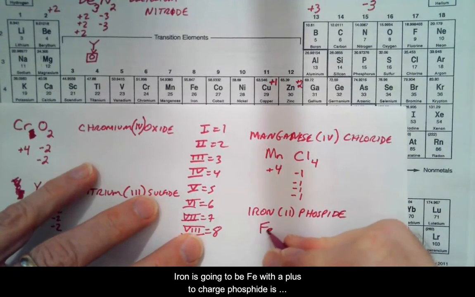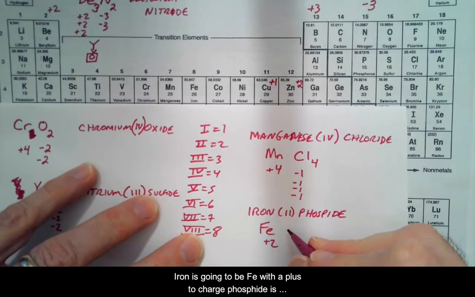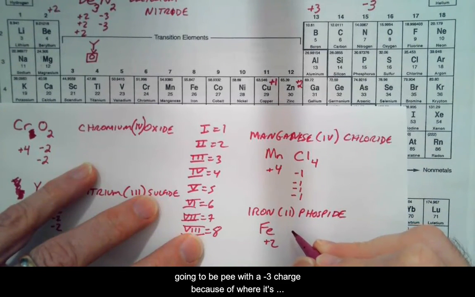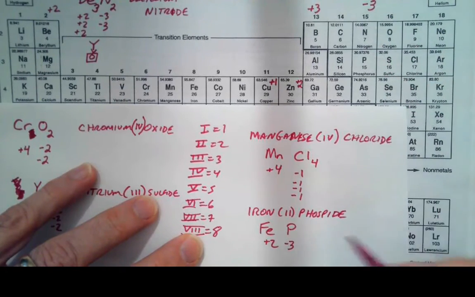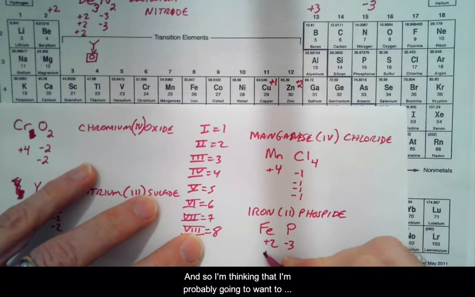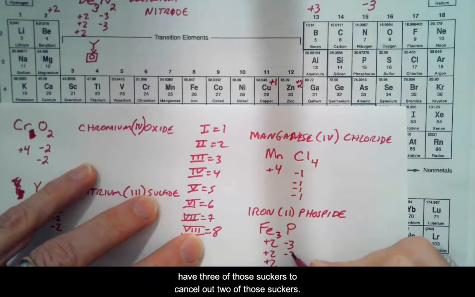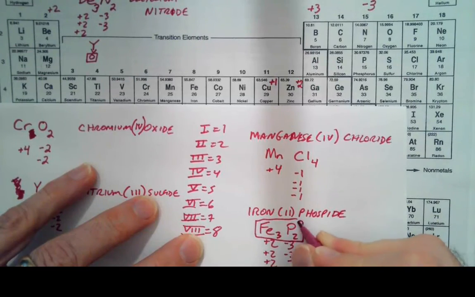Iron is going to be Fe with a +2 charge. Phosphide is going to be P with a -3 charge because of where it's located in the periodic table. And so I'm thinking that I'm probably going to want to have 3 of those to cancel out 2 of those. All right.